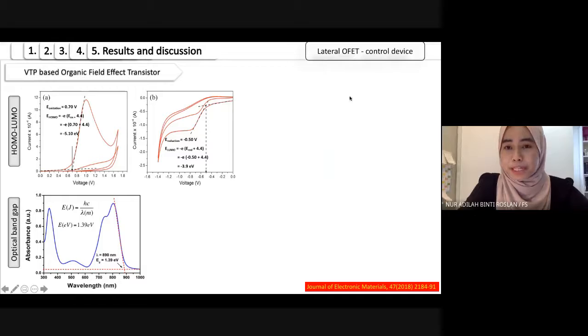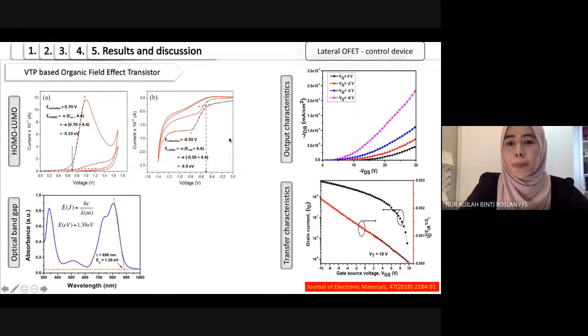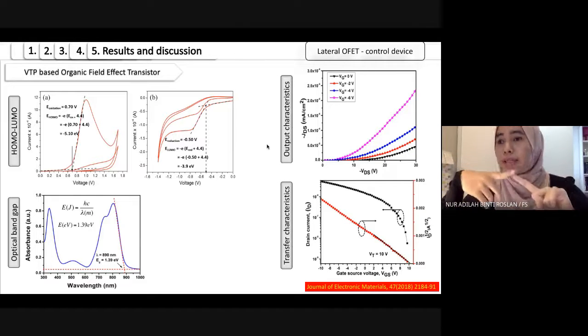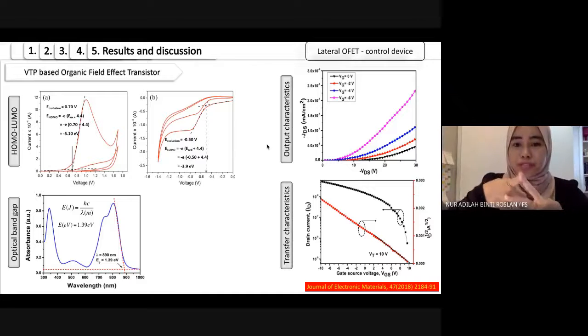So first I fabricate the lateral offset, which acted as my control devices. If you know about the transistor, you must know that the normal characteristics that the transistor has are the output and also the transfer characteristic.